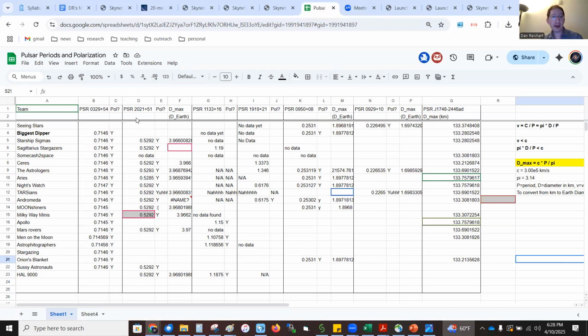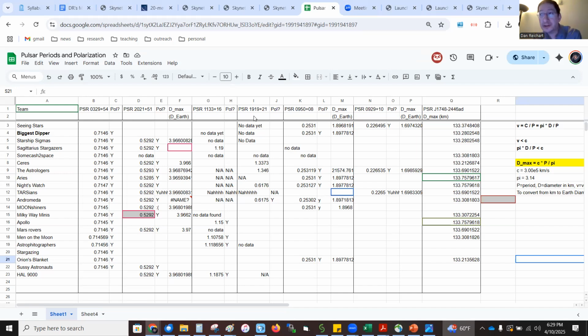This time we had a lot of luck with 2021 plus 51. Everyone detected it and the polarization. And we had luck with some of the fast ones, 0950, 0929. We had detections, polarizations, though a couple of them we struck out. With 1133 plus 16, 1919 plus 21, we didn't detect anything. 1919 plus 21 is a famous pulsar.